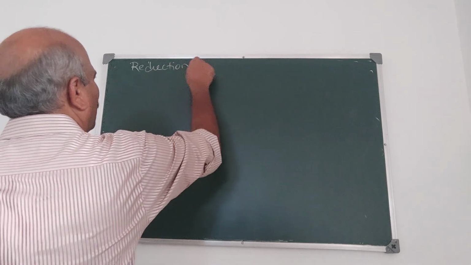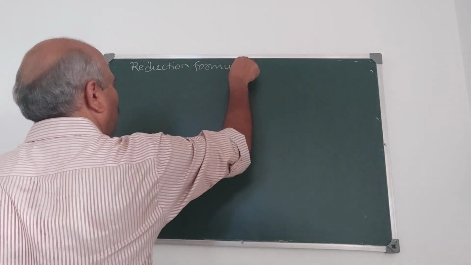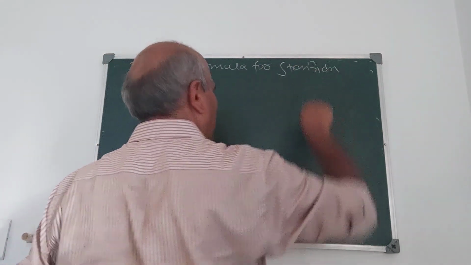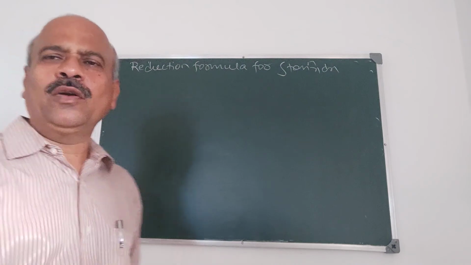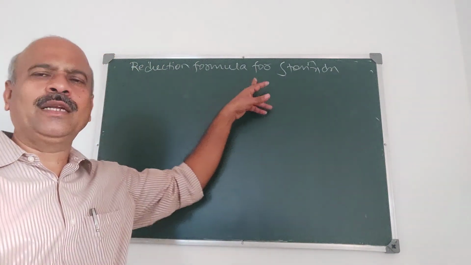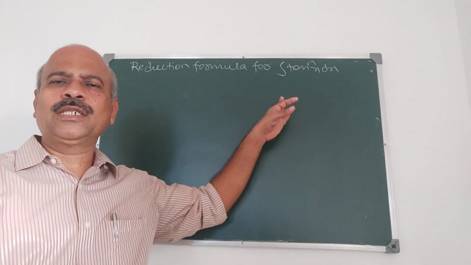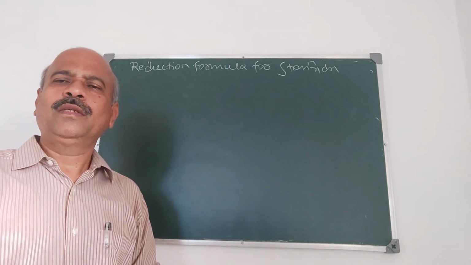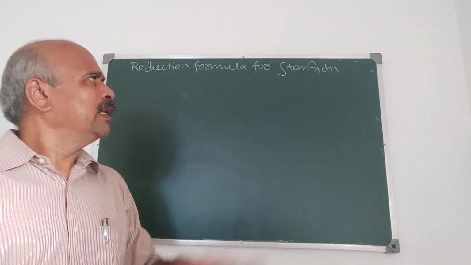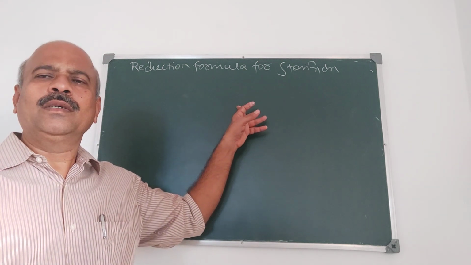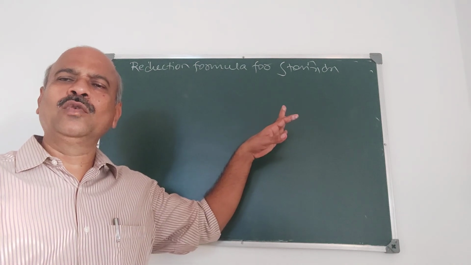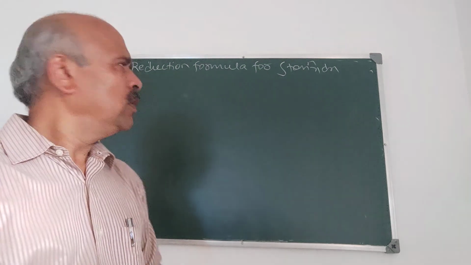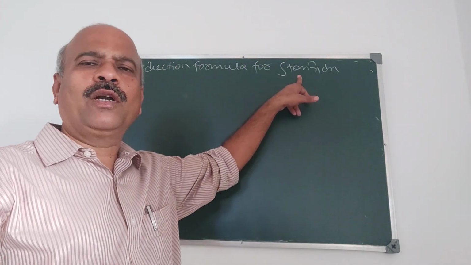So far we have derived the reduction formula for sin x raised to n and for cos x raised to n, and their definite integrals from 0 to pi by 2, then the integral of sin x raised to p cos x raised to q, and from 0 to pi by 2. Now the reduction formula for the integral of tan x raised to n with respect to x.